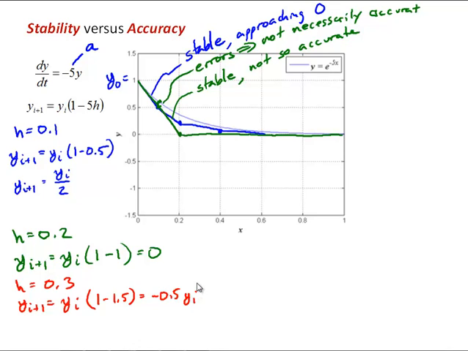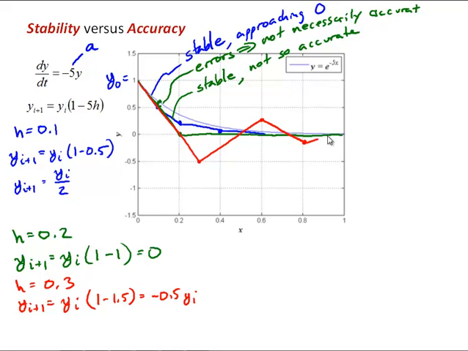In this case, we're still going to follow that same initial slope, but we're going to follow it all the way down, since h equals 0.3, down to negative 0.5. And then for our next step, negative 0.5 times negative 0.5 gives us a positive 0.25. So we would go right here, and we would keep going down like so.